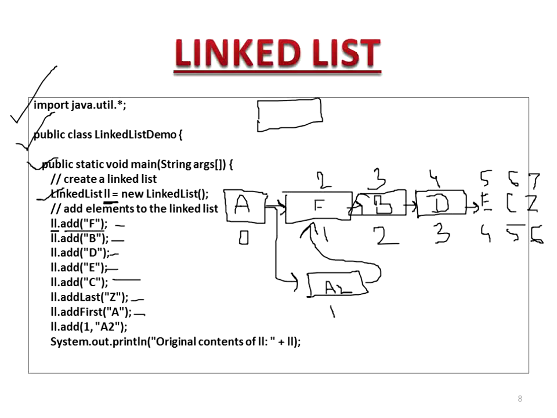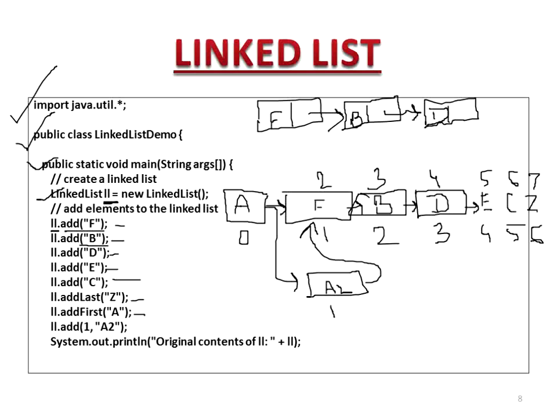A node will be created, F is added to that node, and then this node will point to the next node. Now what's the next node? Next node holds B, and then this node will point to another node. Now what's the next node? D, and so on.